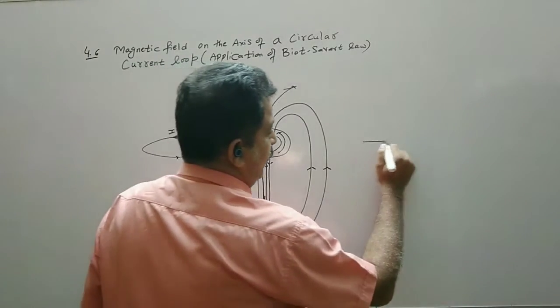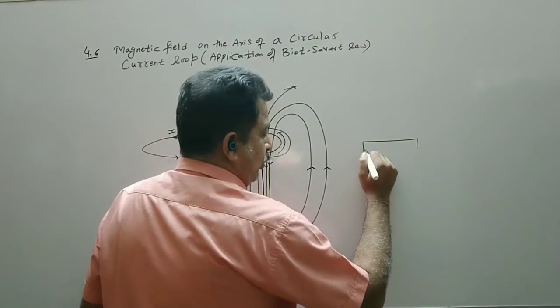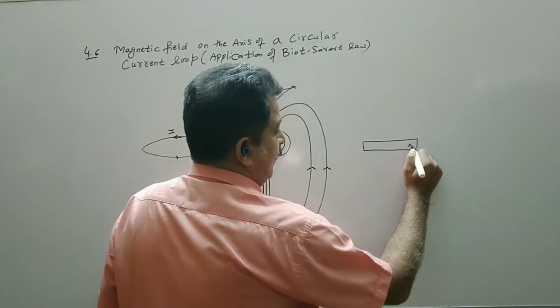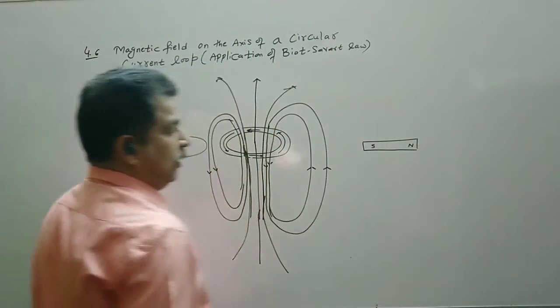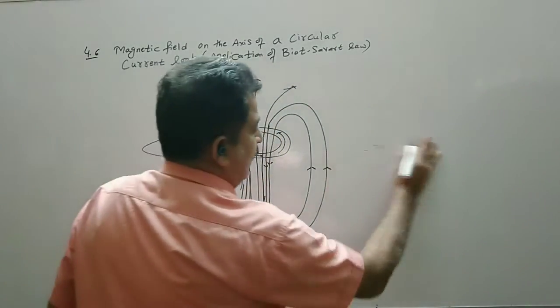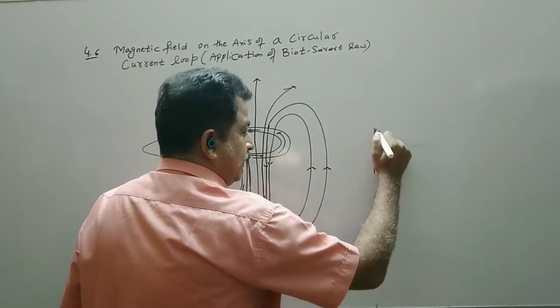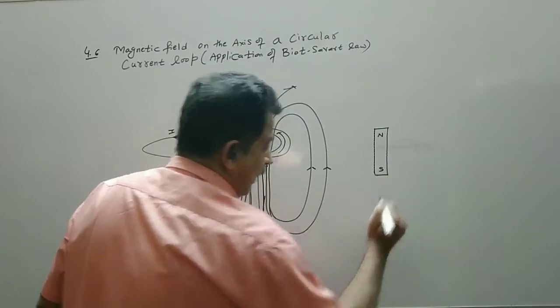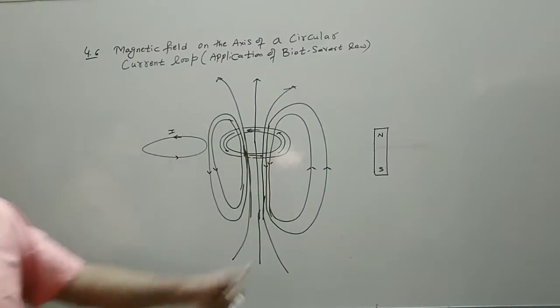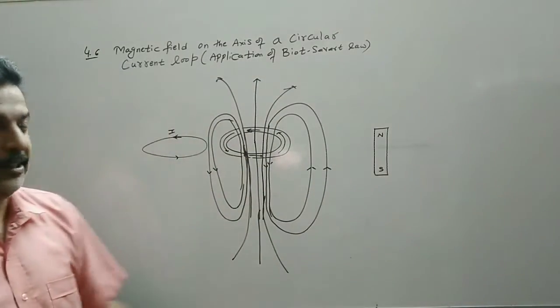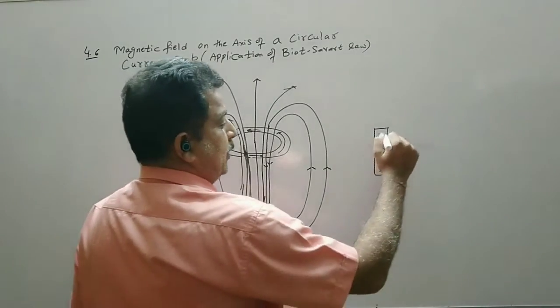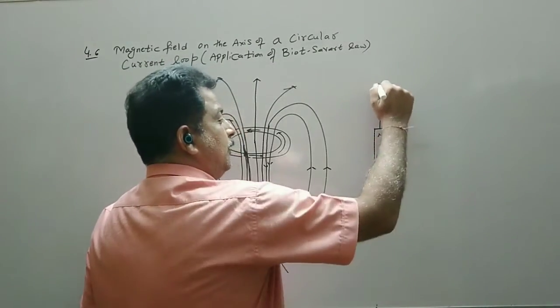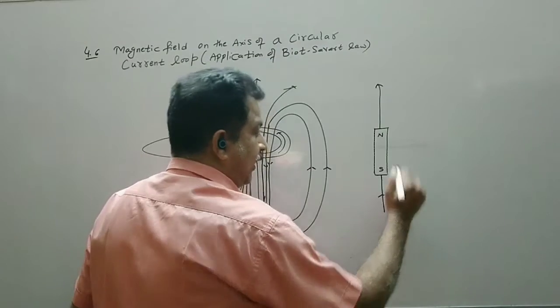So if you remember from the lower classes, if this is a bar magnet with north and south, we will study this again in the next chapter.